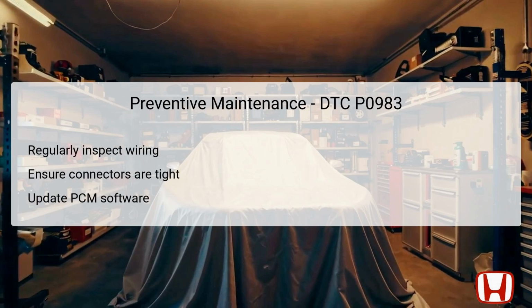To avoid encountering DTC P0983 or similar issues in the future, it's crucial to establish a routine preventive maintenance schedule. Regularly inspect the wiring that connects to the shift solenoid valve and the PCM for any signs of wear, fraying, or damage. Ensuring that connectors are tight and free from corrosion will help secure reliable electrical connections necessary for the solenoid's operation.